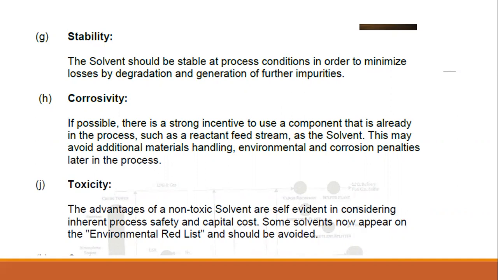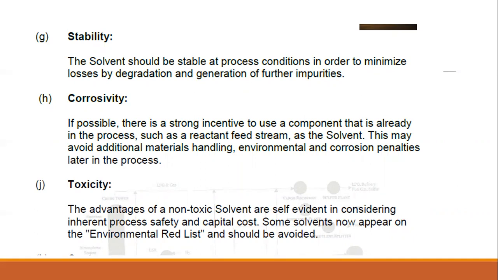If possible, there is a strong incentive to use a component that is already in the process, such as reactant feed stream as the solvent. This may avoid additional material handling, environmental and corrosion penalties later in the process.